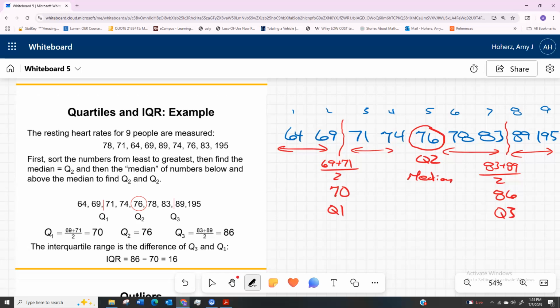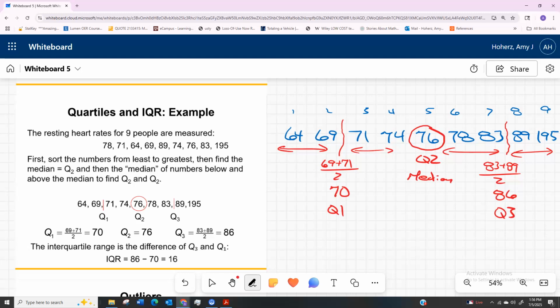Again, this works better, honestly, when you have really big data sets, but we don't want to work with really big data sets because that would be very time consuming. So we've got to use these small data sets, but this works and makes more sense when you have big data sets. Okay, so the interquartile range is the difference between the Q3 and the Q1.